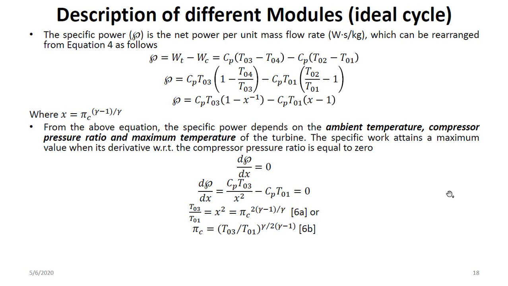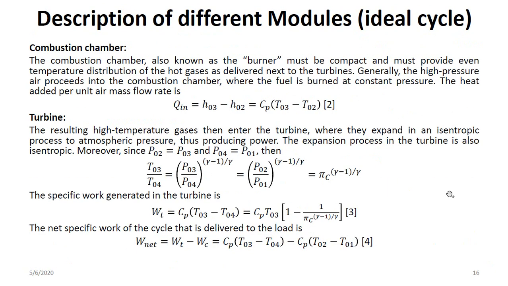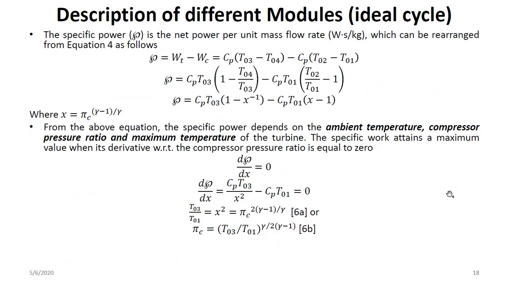Right? Then the specific power is the net power per unit mass flow rate, which can be rearranged from equation 4, and this is equation 4, the net power. So if you rearrange equation 4 for net power, you get this equation for a specific power.